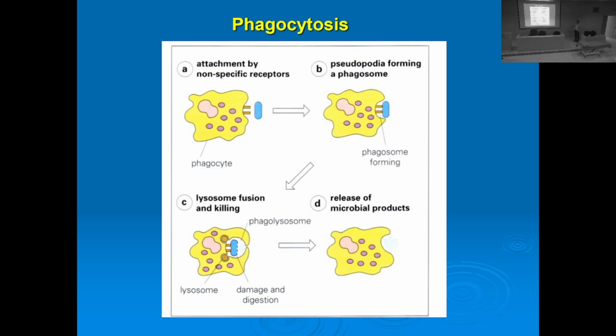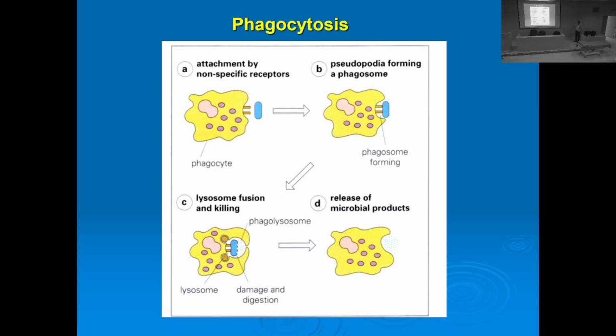Once this interaction happens, you have the formation of the phagosome with part of the cytoplasmic membrane of the cell. Within the phagosome, you will have the bacteria and either the immunoglobulin, if it's an immune complex, or fractions of the complement that are inside.